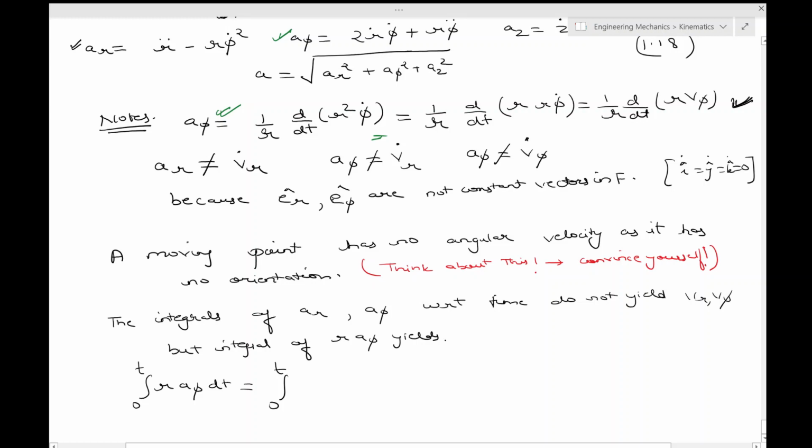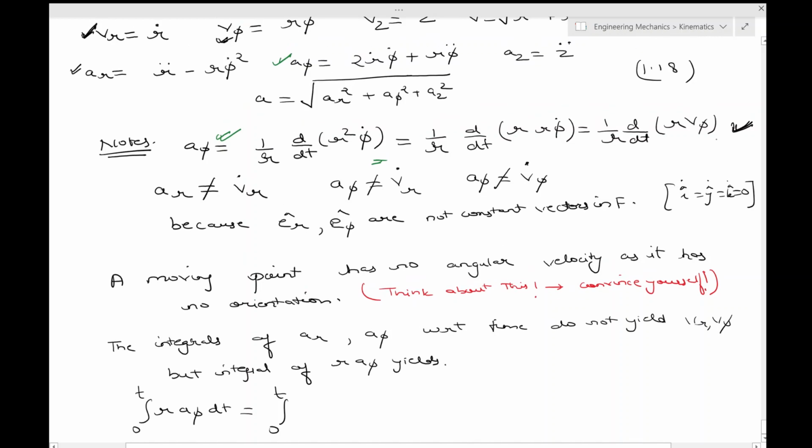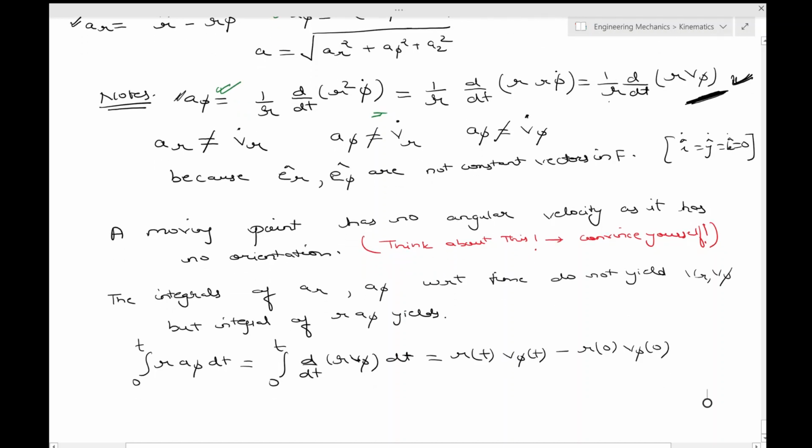R A phi, you have to use this expression. R will go up over here, so this will be equal to R d by dt of R V phi dt, and this is R of t V phi of t minus R of 0 V phi of 0. So it's a definite integration.